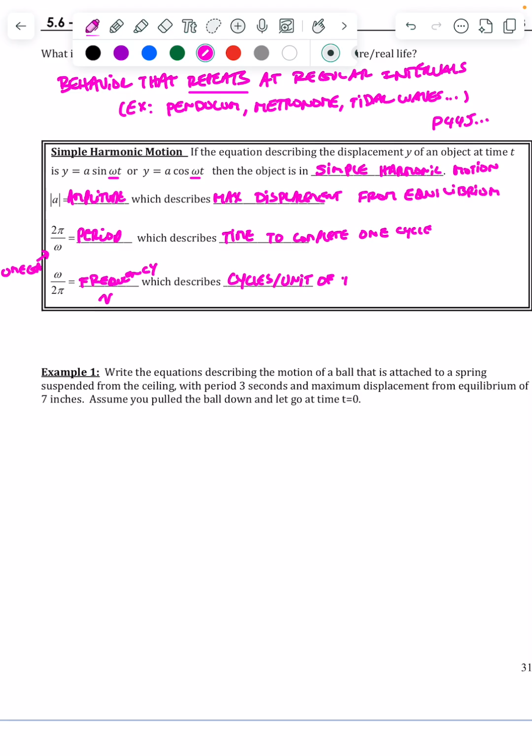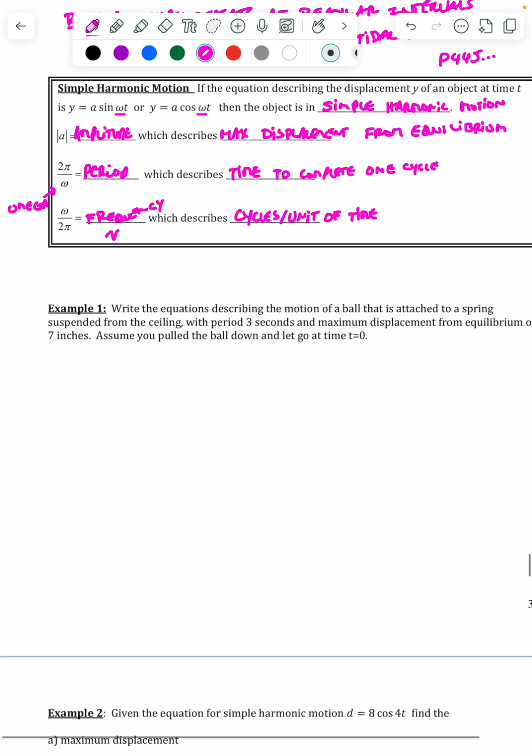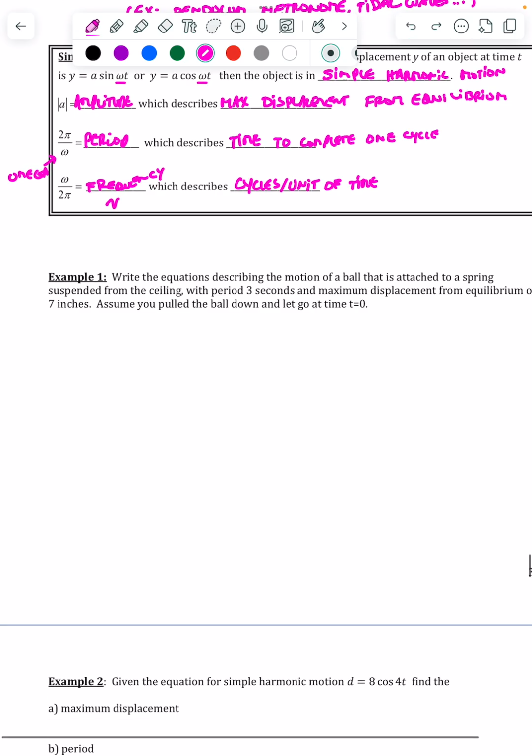Make sure you know what the unit of time is, which is normally seconds, minutes, hours, or years. So just be careful what the unit of time is. Now, note the amplitude is a in absolute value, which is always positive because it's a distance, whereas just a may or may not be. So this a may be negative or positive.